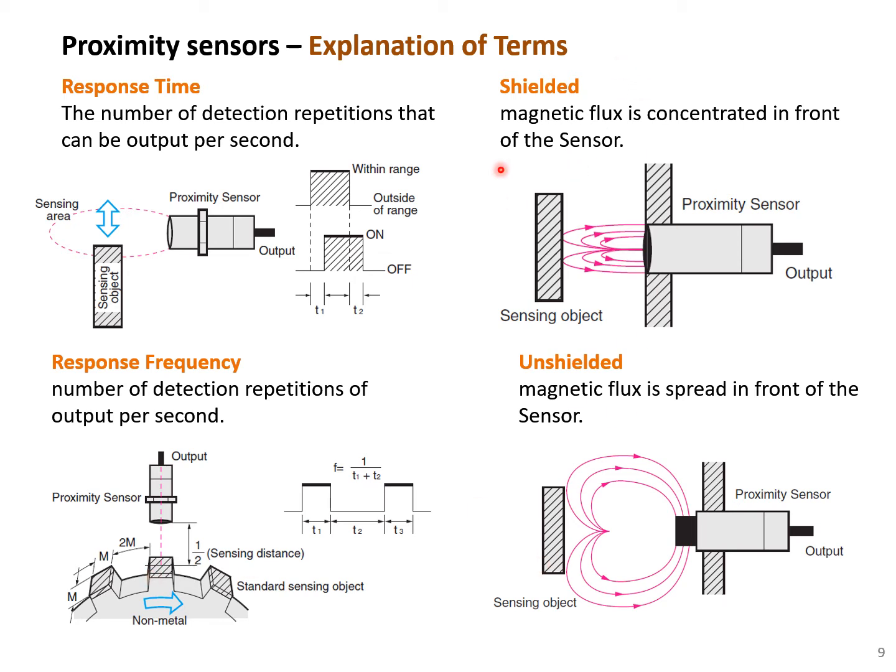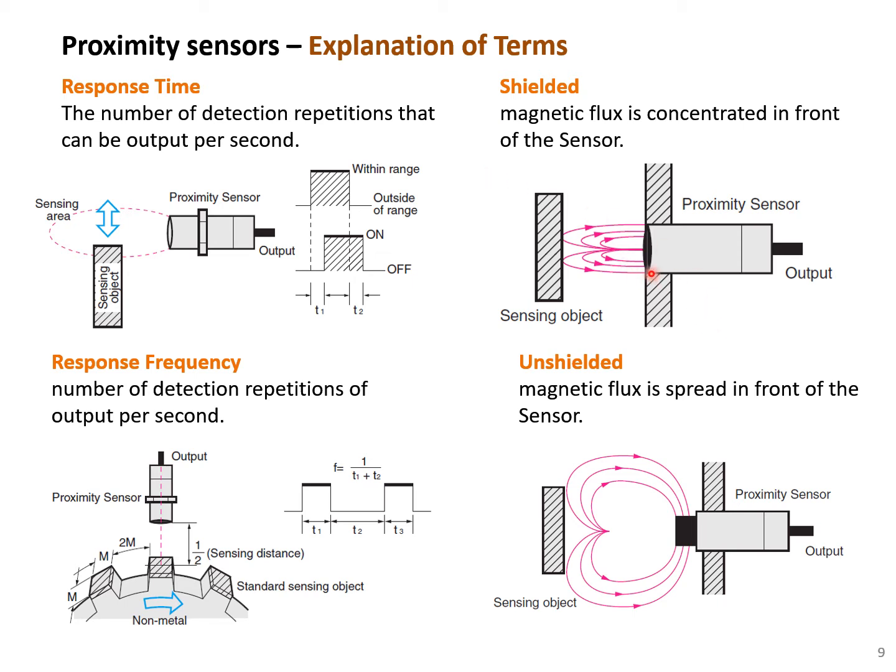We have two types of proximity sensors: shielded and unshielded. In the unshielded one, as you can see, the sensor tip is free, so it doesn't have any shield, and the magnetic flux is spread in front of the sensor. But in the shielded one, the magnetic flux is concentrated in front of the sensor.